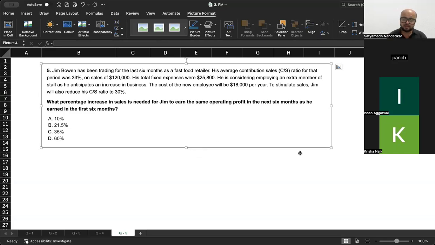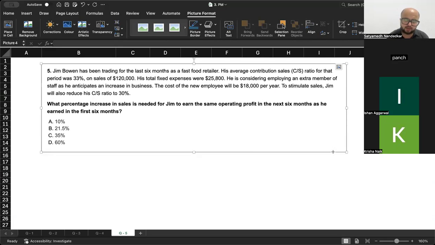I'll give you 3 minutes. Read it carefully and then try to do it. What percentage increase in sales is needed for Jim to earn the same operating profit in the next 6 months as he earned in the first 6 months? Read it carefully, think about it, see if you can solve, then we'll do it together. Okay? Start.